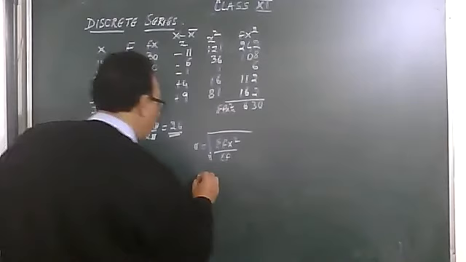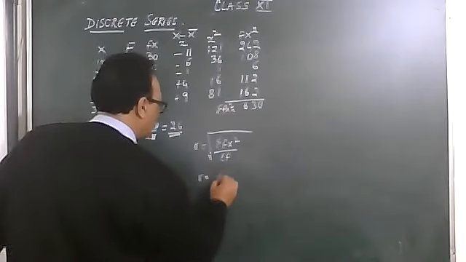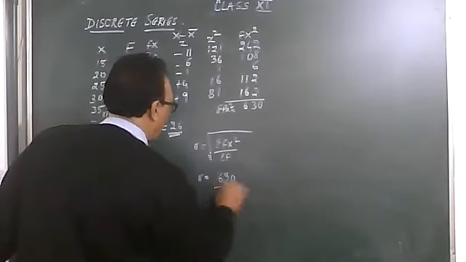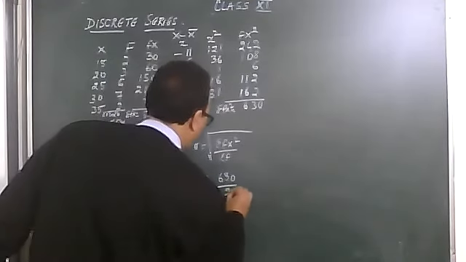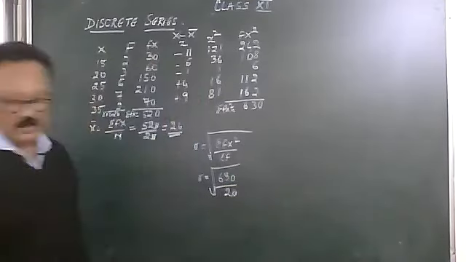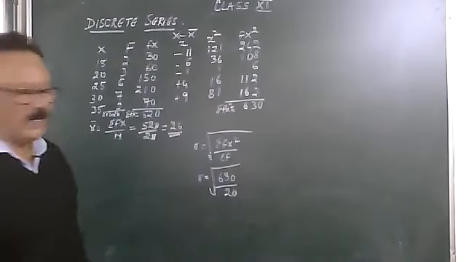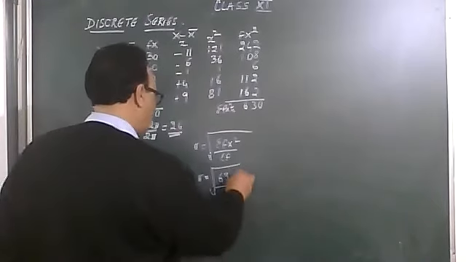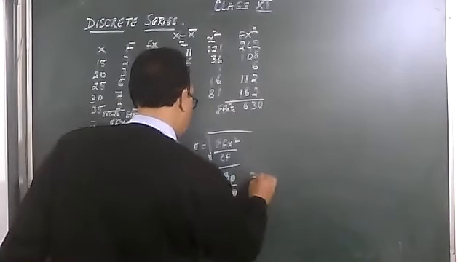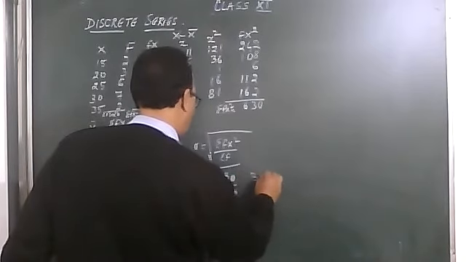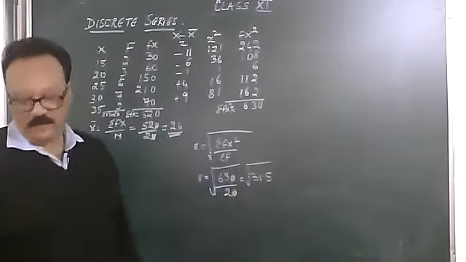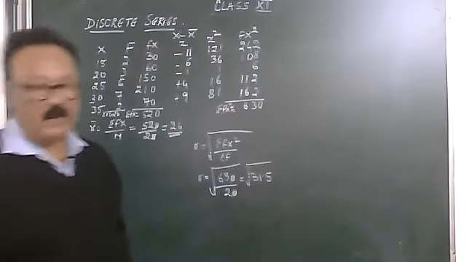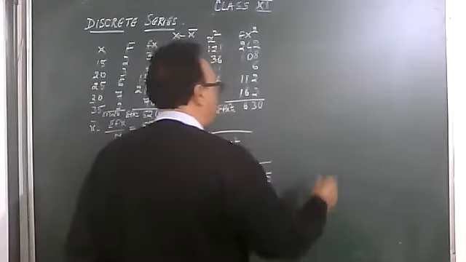So standard deviation is equal to the square root of 630 upon sigma f, which was 20. That is 31.5, under root 31.5. Find out the square root.